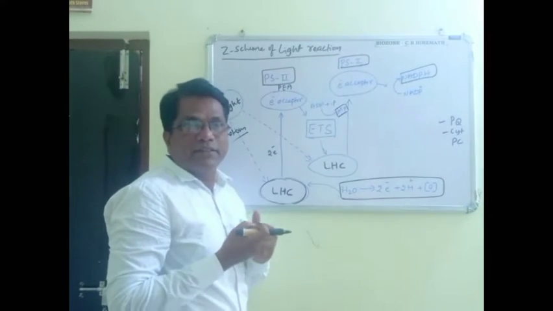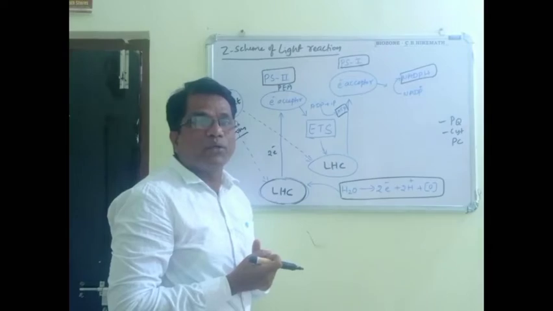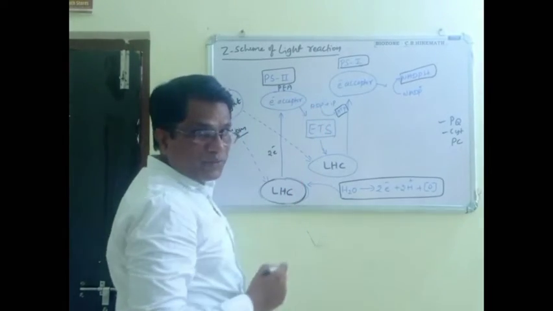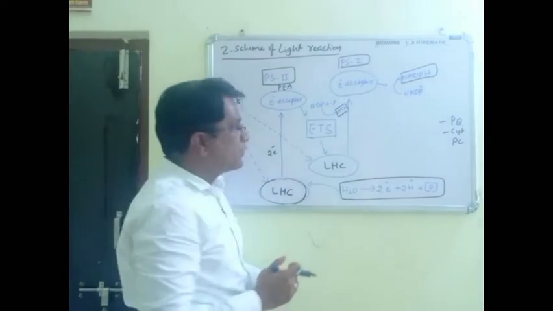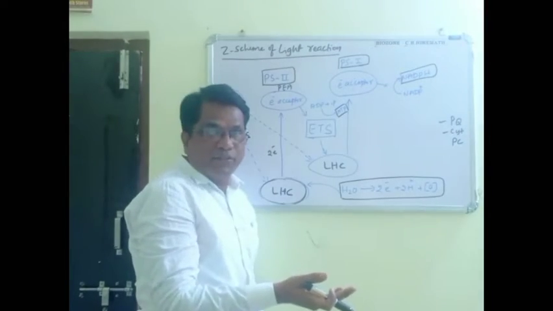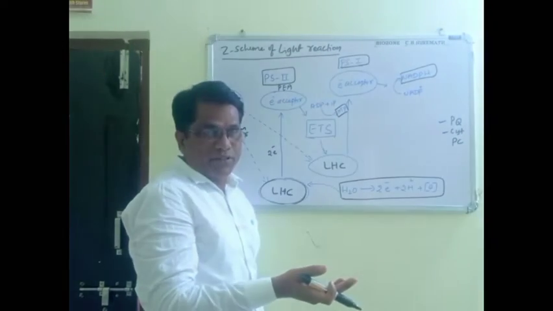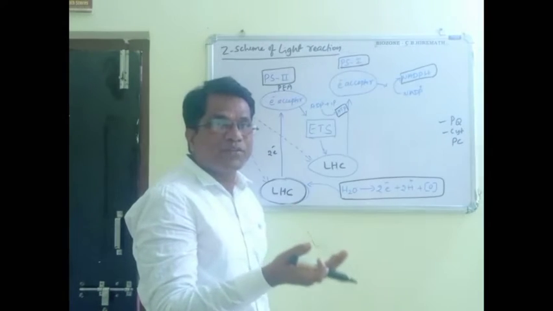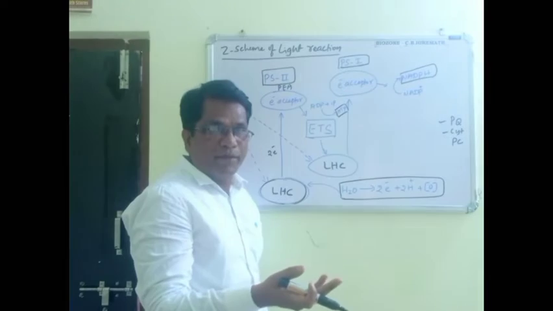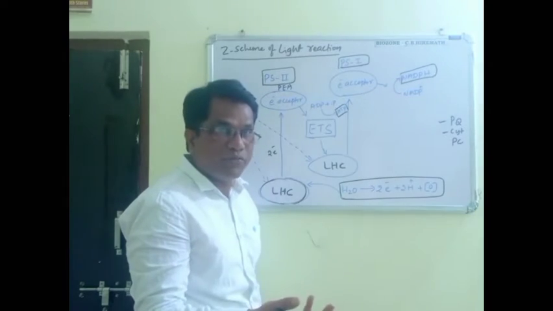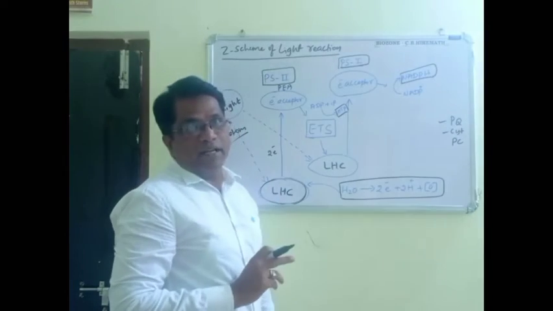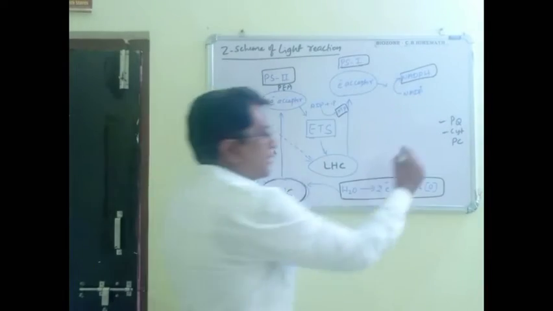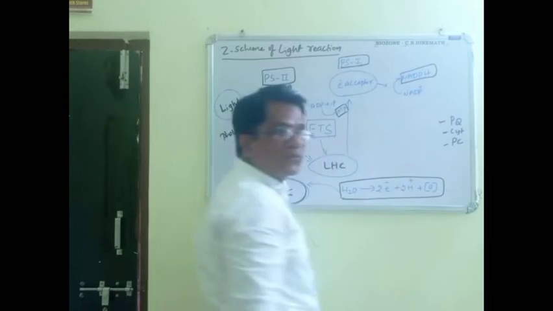This primary electron acceptor gets the released electrons from the chlorophyll pigments, and these electrons, a pair of electrons, are transferred to the electron transport system, which consists of three electron carriers: plastoquinone, cytochrome complex and plastocyanin.